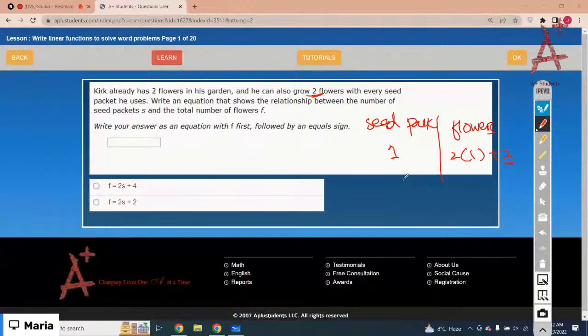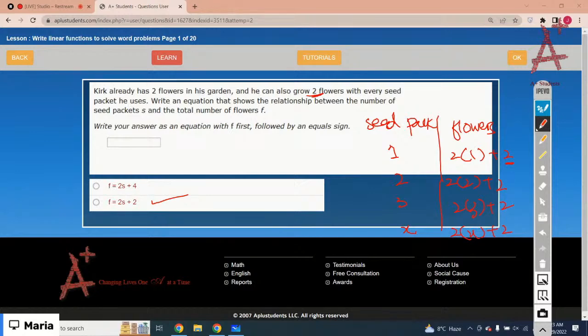Got it? So if he had two seed packets, it would be 2 times 2 plus 2. If he had three packets, it would be 2 times 3 plus 2. So if he had s seed packets, it would be 2 times s plus 2. Got it? So the equation is f equals 2s plus 2. Got it?